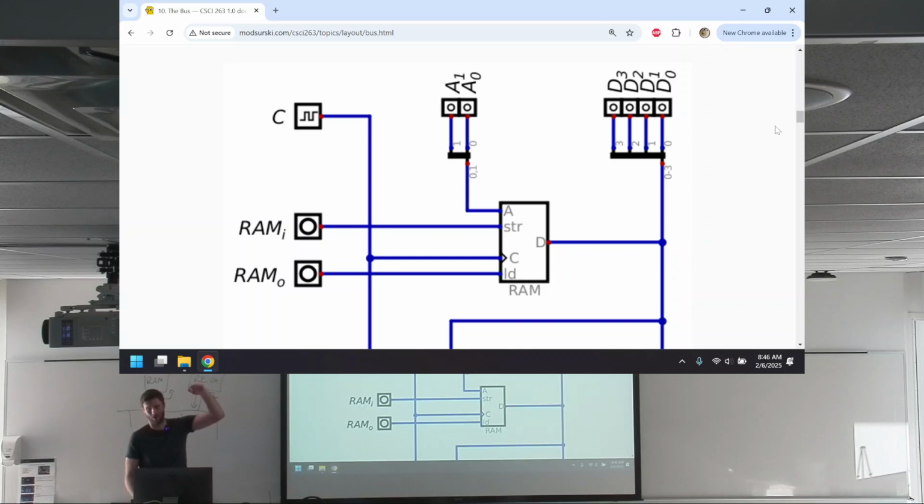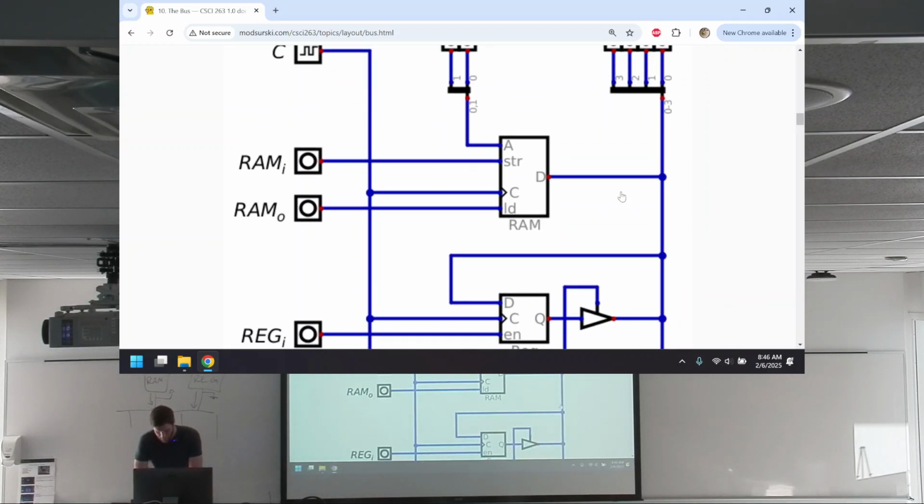Connect to voltage source, connect to ground, or nothing. No signal. It was visually represented as a gray line. It's very important that we don't ever try to put multiple outputs onto the bus at the exact same time. That's the key thing here, because if we do, we're going to have a problem.